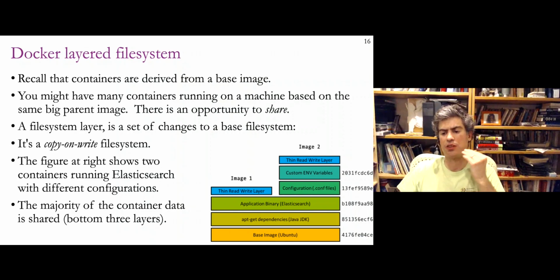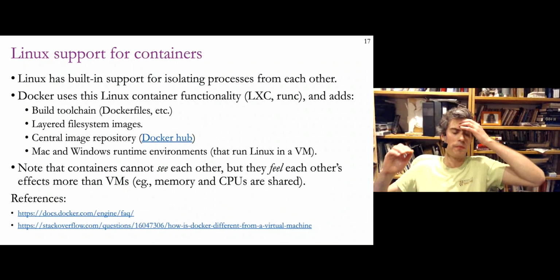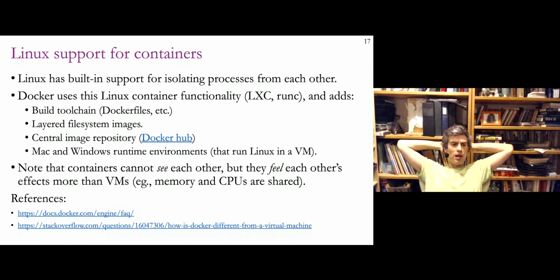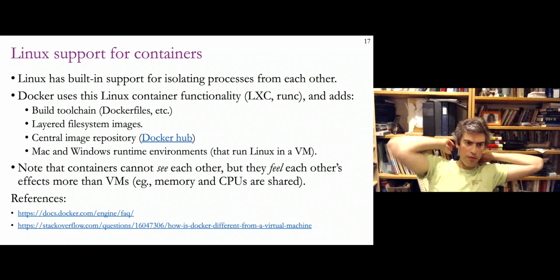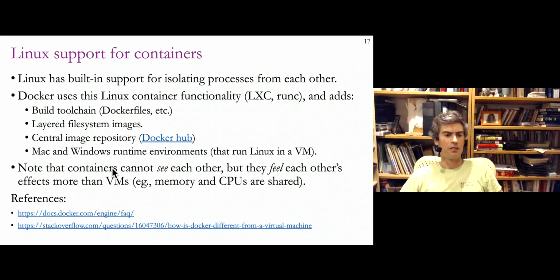Because if we had two virtual machines running Elasticsearch, they would each need full copies of the operating system, and there'd be no sharing between them. Okay, so Linux has good support. Docker is based on Linux and it runs only on Linux. There's a caveat to that. But Linux has built-in support for isolating processes from each other, and that's what is used for the containers to be isolated from each other.